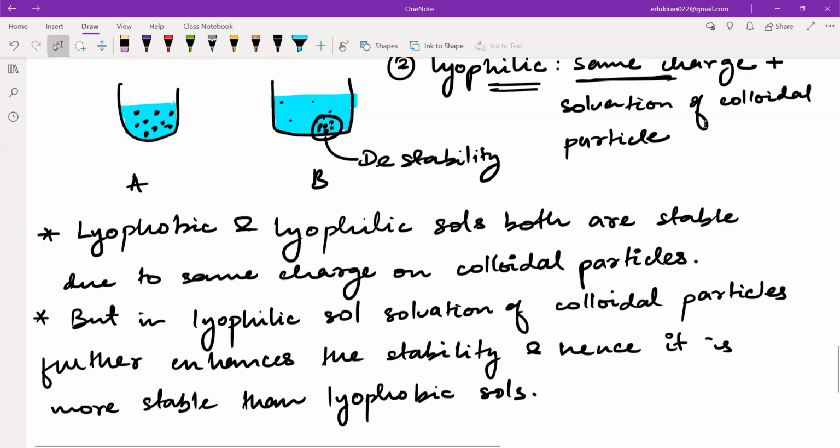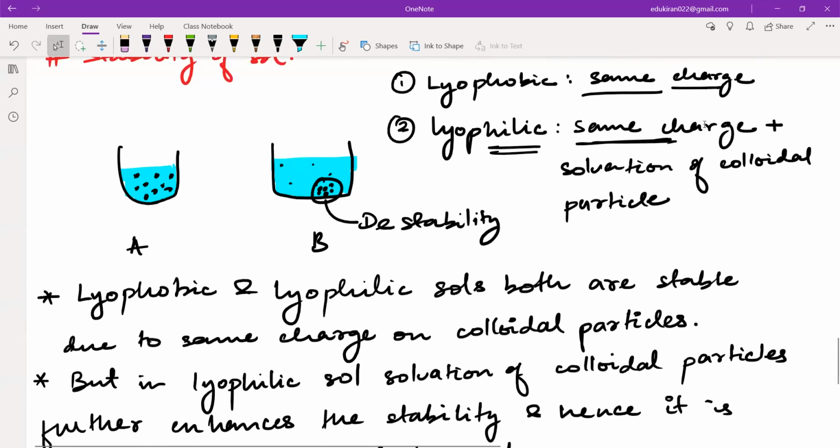Just write these 2 points. No need to write all the above things. Stability of sol, and then write these 2 points.